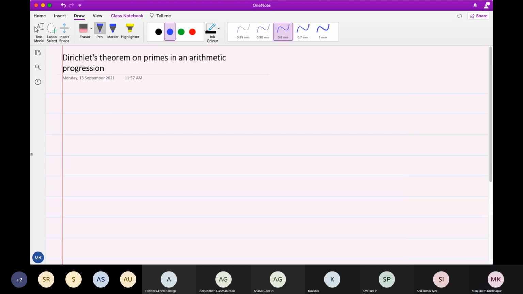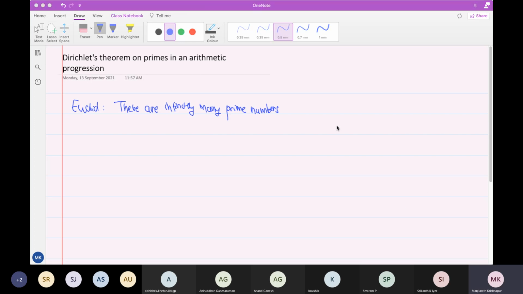So, okay, what is Dirichlet's theorem? Everyone knows that we know from Euclid that there are infinitely many primes. I assume everyone knows a proof of this.